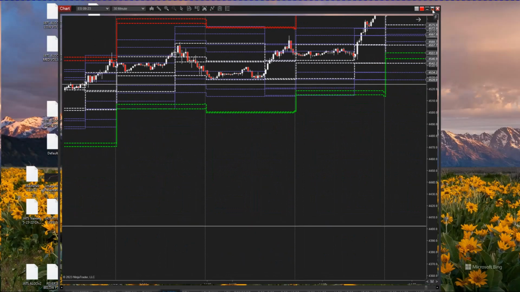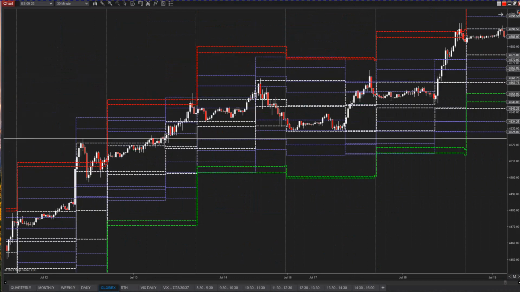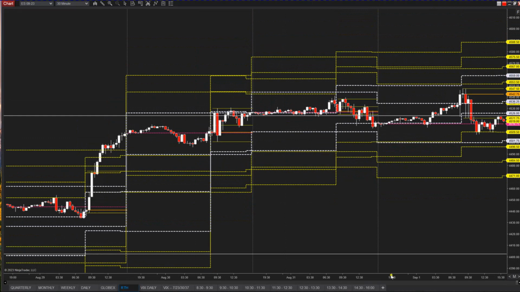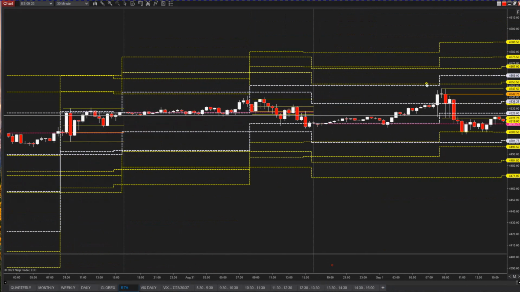Oops. Okay. I'm glad I didn't close it. So the RTH does the same thing except for when you're in the RTH session, which isn't very long. So I put the RTH initial balance, whether you're inside or outside that initial balance, and you can see how it went from the outside of the 1 hour IB to the distribution time 1 hour IB.